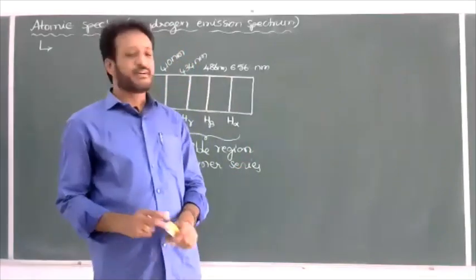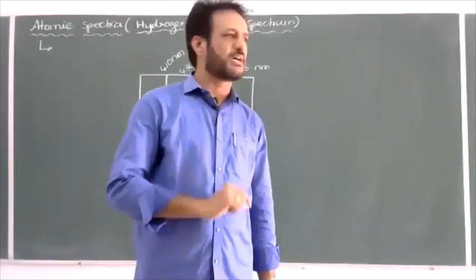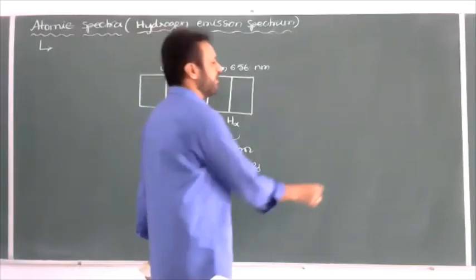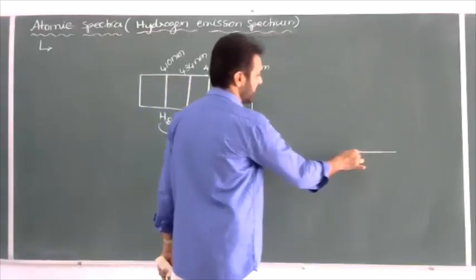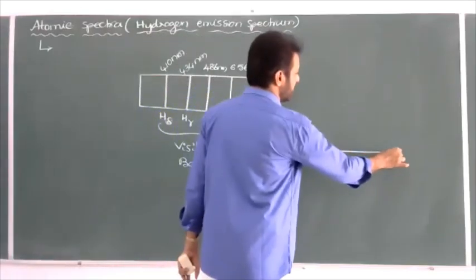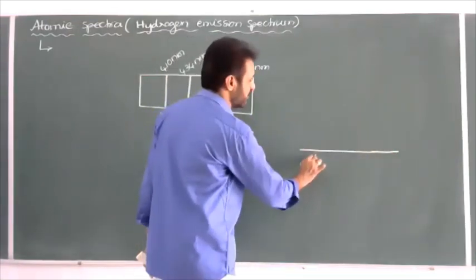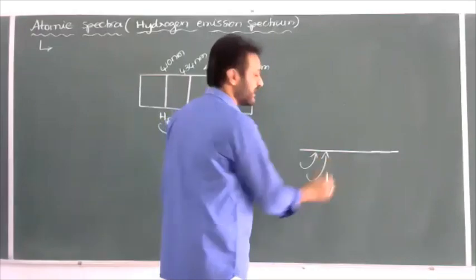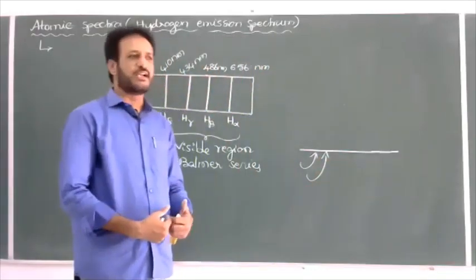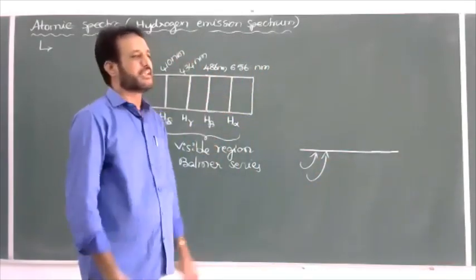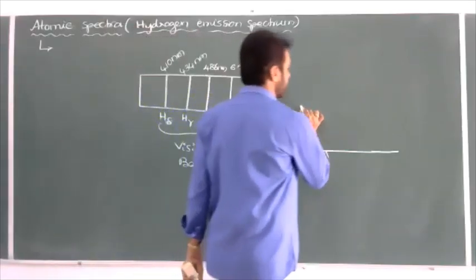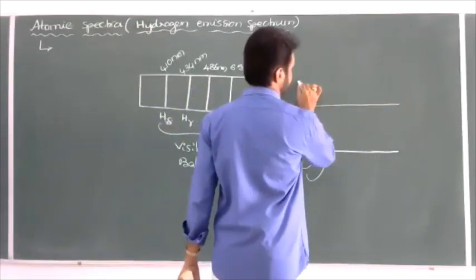Whenever we supply some amount of energy to the hydrogen gas, the atoms, which at normal temperature are in the lower states, absorb this energy and jump from the lower to higher orbits. That process is called excitation.